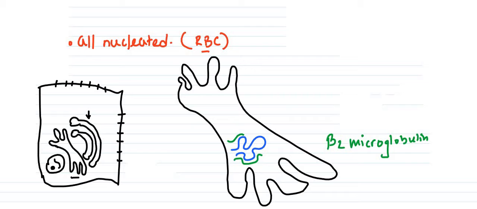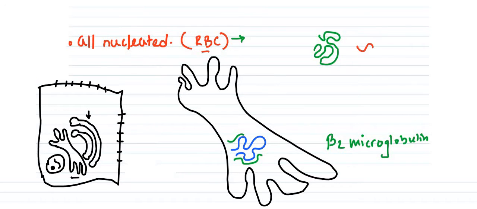Before that, we must know where the antigens are coming from. We know that MHC1 presents the antigen that is synthesized inside our cell. Maybe a protein that is synthesized inside our cell and is misfolded, or maybe some virus infects our cell and produces some protein.